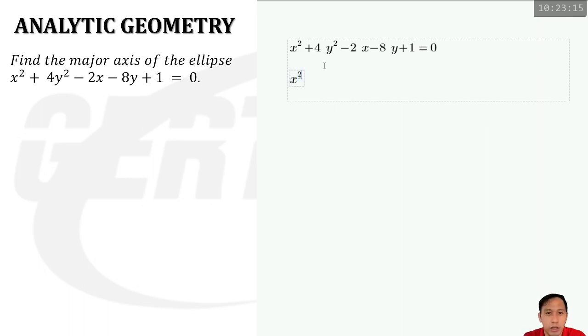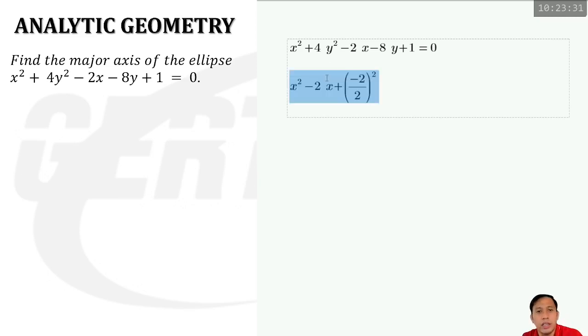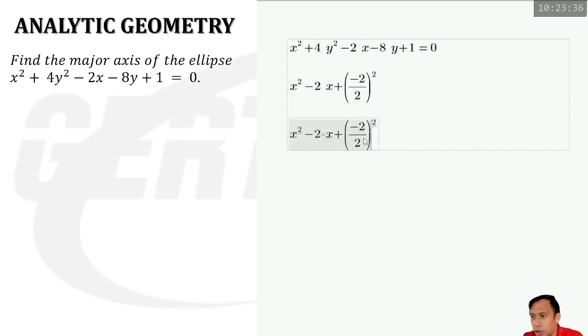So, x squared minus 2x. What should we include here to make it a perfect square trinomial? Take the coefficient of x, divide by 2, then square. That's just 1. It becomes x minus 1 squared. But take note that we added 1 here, so we should also add that on the other side.